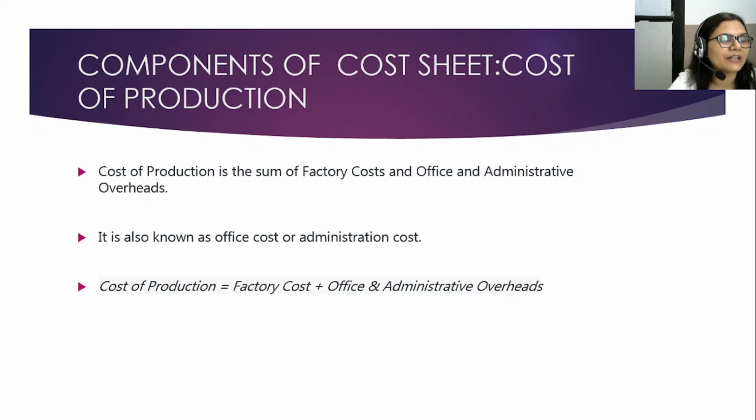It includes salary paid to office staff, managing director, and remuneration paid to the directors of the company, stationery used in administration, postage, rent of office building, office lighting, legal expenses, depreciation on office furniture and equipment, etc. When these office and administrative overheads are added to the factory cost, we get the cost of production, also known as office cost or administration cost.